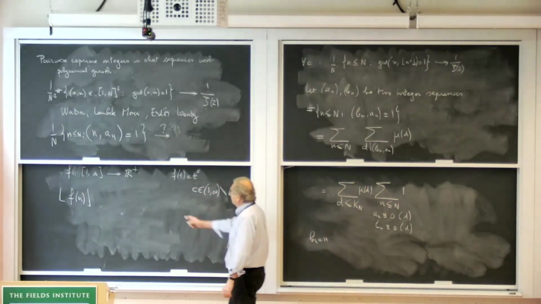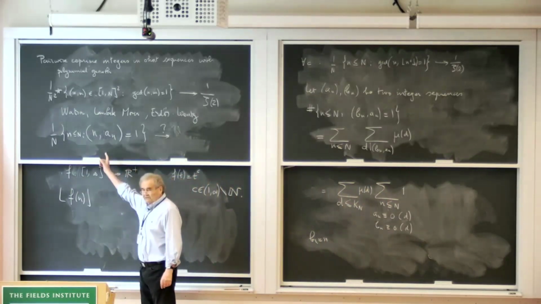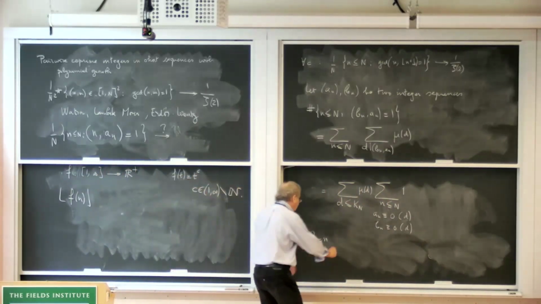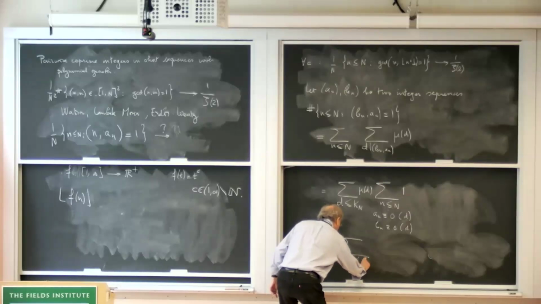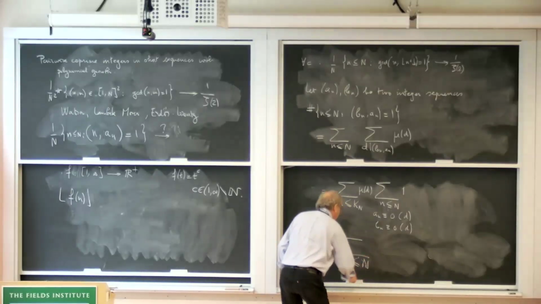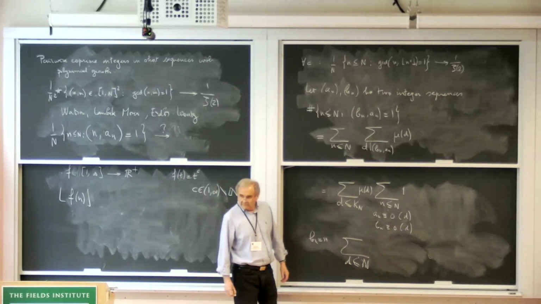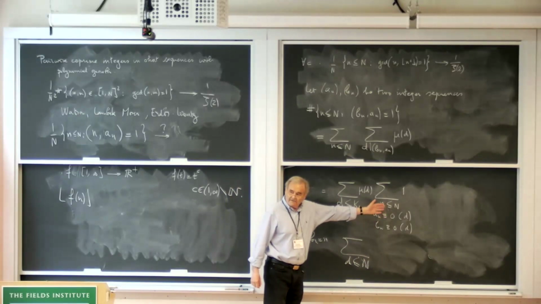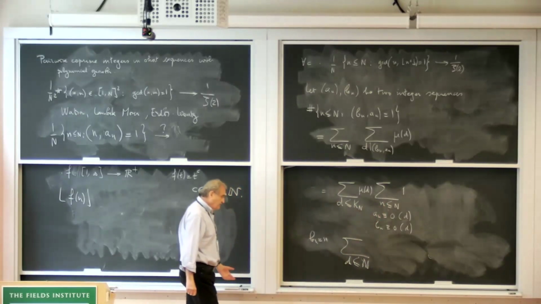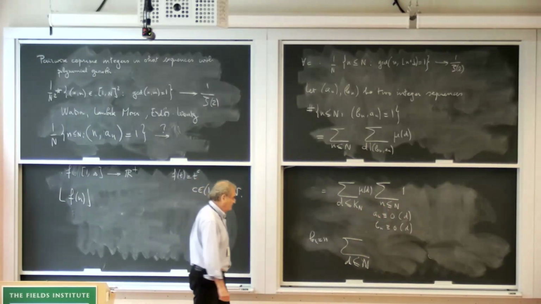First, you know that D cannot be too large, since D has to be a divisor of some An, and An is at most N. So D is not too large. This is the first thing which is nice.